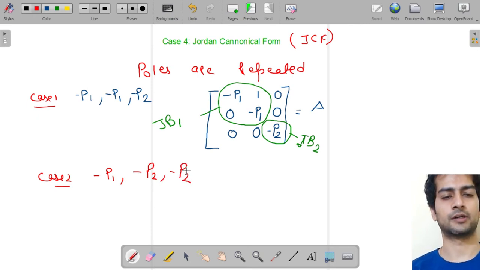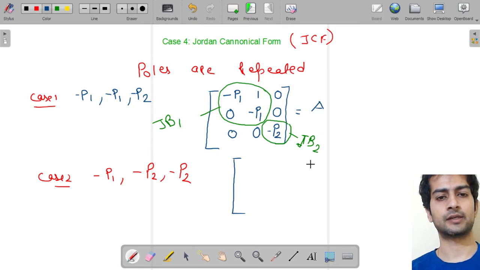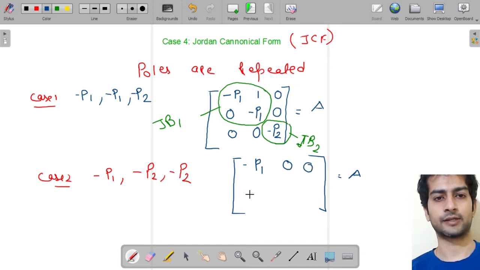So if we want to represent the A matrix, we will represent it as minus P1, 0, 0, 0, minus P2, 1, 0, 0, minus P2.